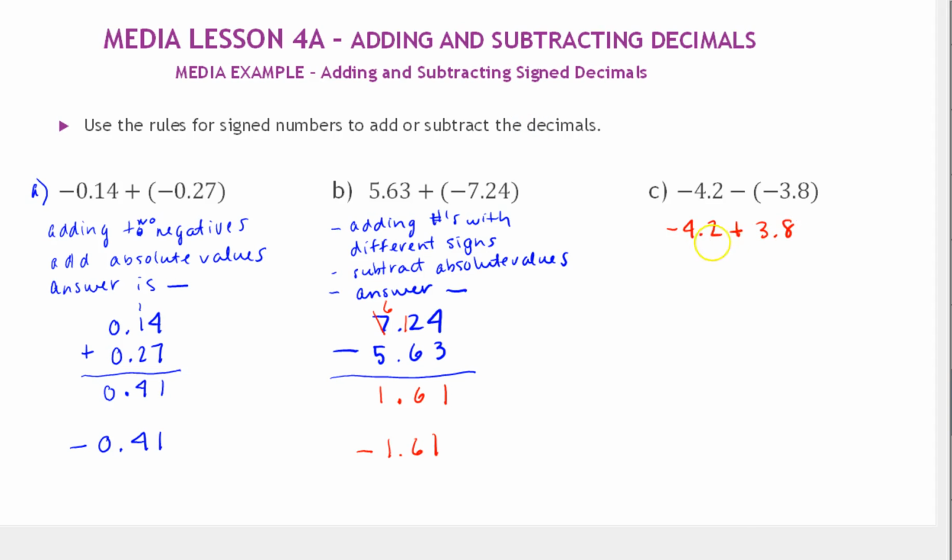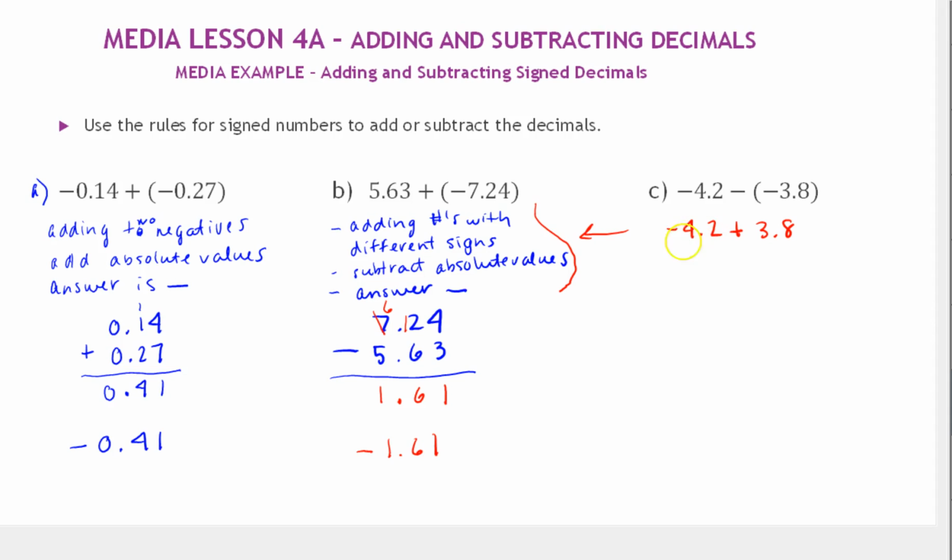Now this is my new problem, and notice it's similar in structure to this problem. I'm adding numbers with different signs. There's a negative and a positive. So I need to subtract the absolute values. And since 4.2 is bigger than 3.8, my final answer is going to be negative.